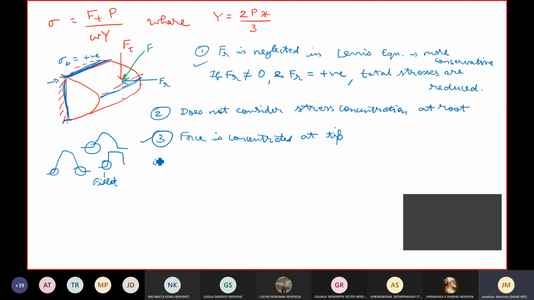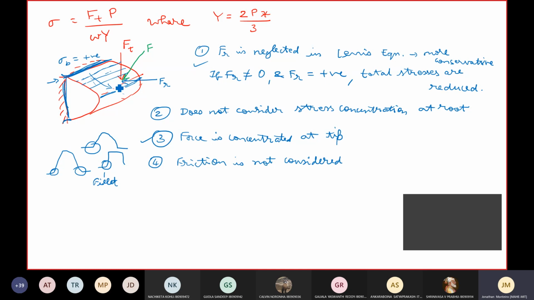And the fourth one is a disadvantage, that friction is not considered. Which friction are we talking about? The friction when the line contact occurs. So the gear is here, it is contacting, gear is here, it is contacting. So it is sliding one over the other, right?